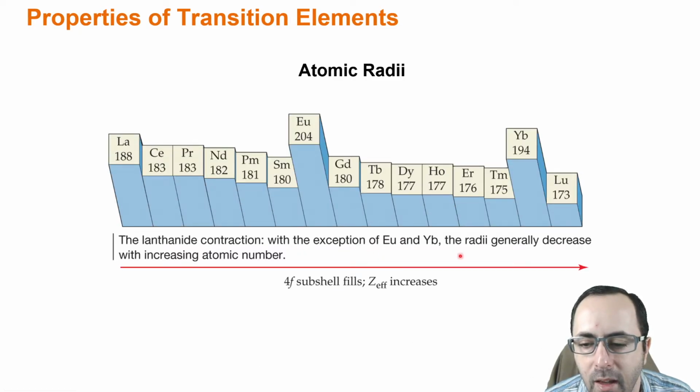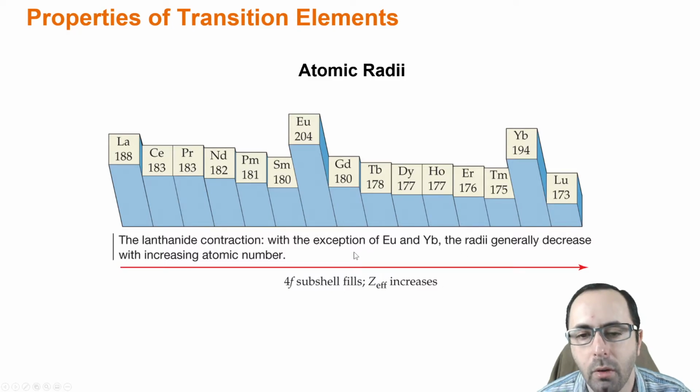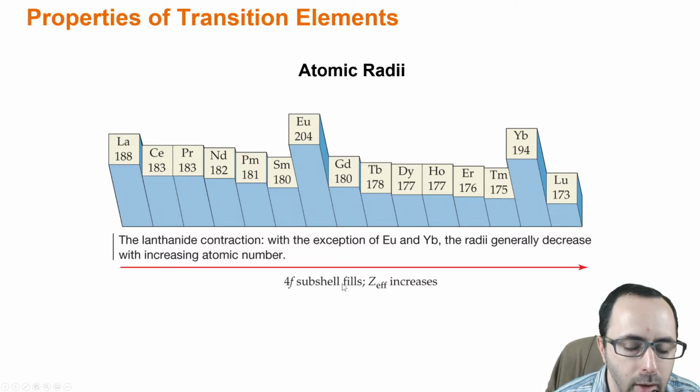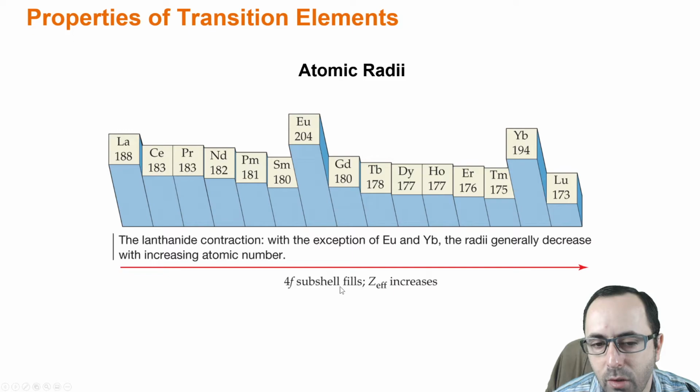So the lanthanide contraction: the radii actually decrease, or stay close to the same, as we go from the second transition metal series to the third, or from the fifth period to the sixth.